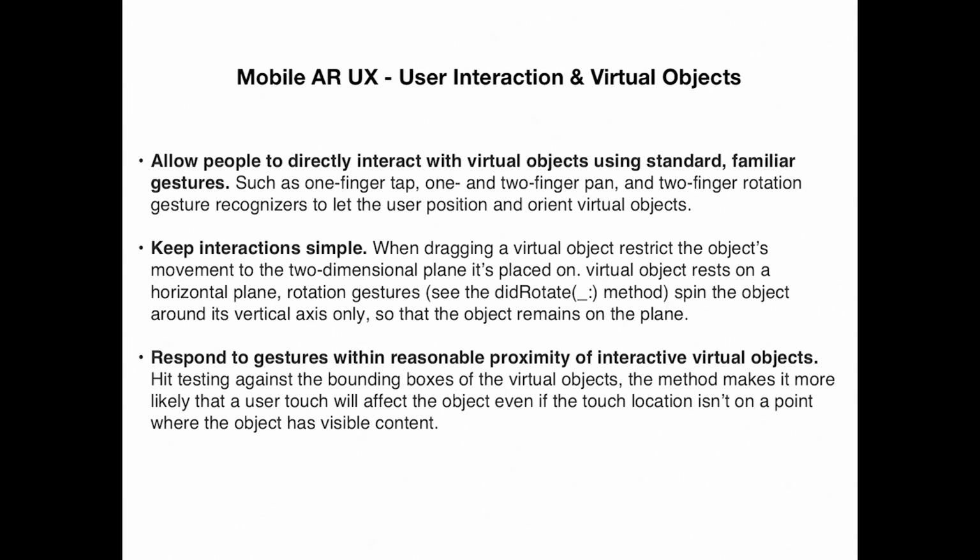So they say allow people to interact with familiar gestures. Like we were saying, on a mobile phone we're familiar with the touch gestures: single touch, double touch, swipe, those kinds of things.